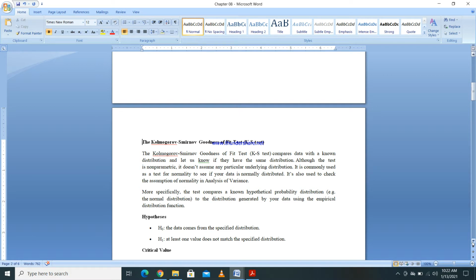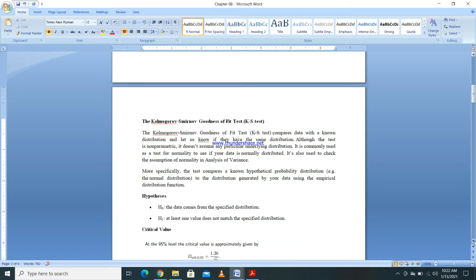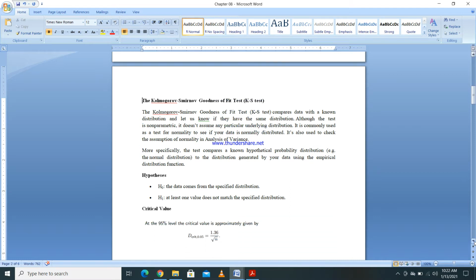We also call it the Kolmogorov-Smirnov goodness of fit test. In this case, our null hypothesis H0 is that the data comes from a specific distribution, for example, that the data follows a normal distribution. The alternative hypothesis is that at least one value does not match the specific distribution.